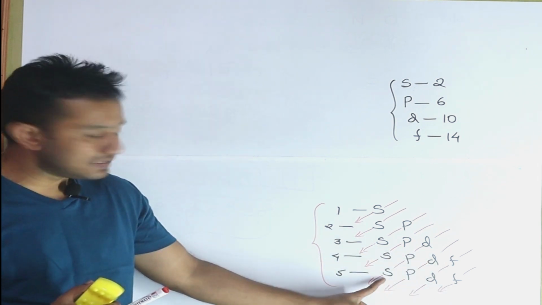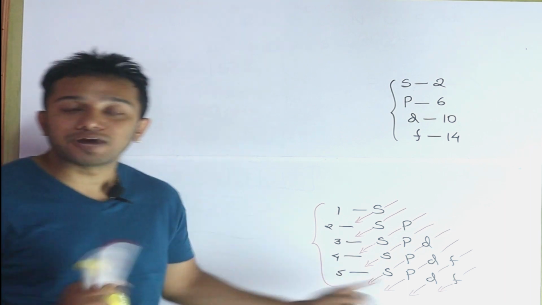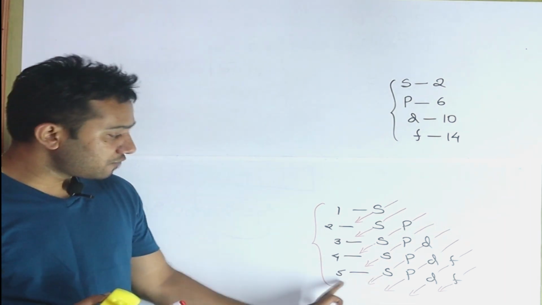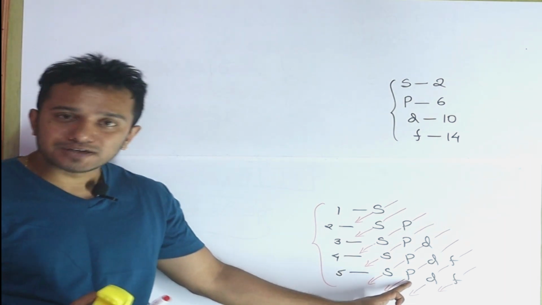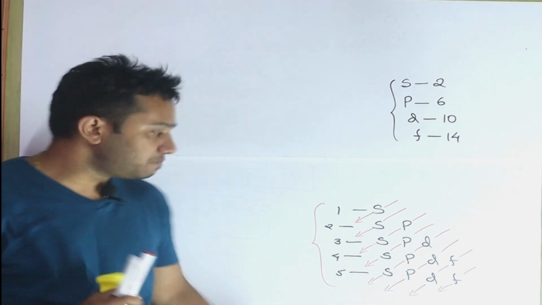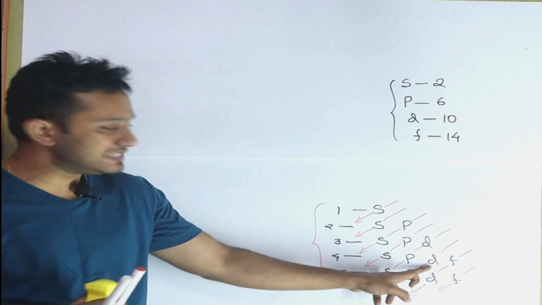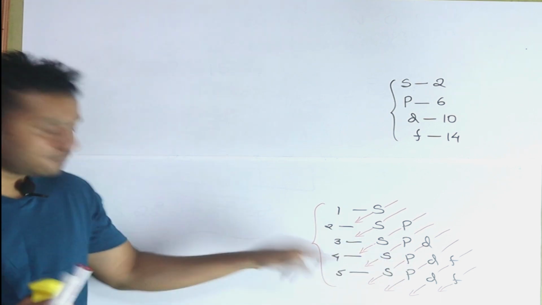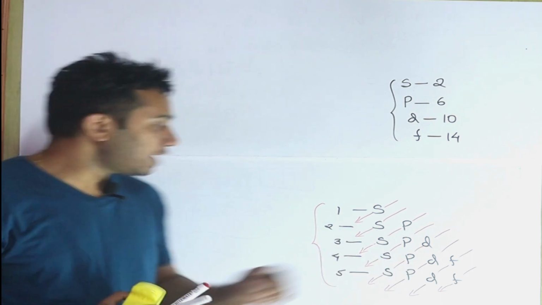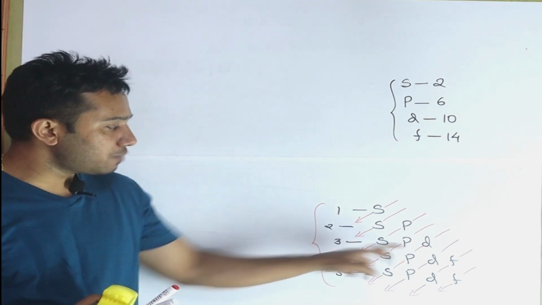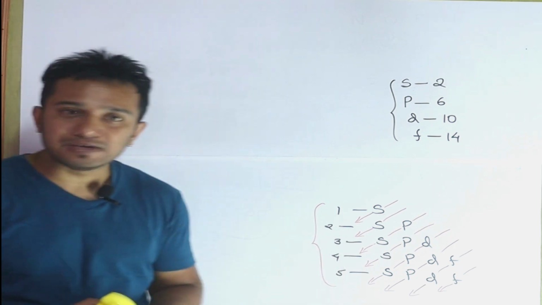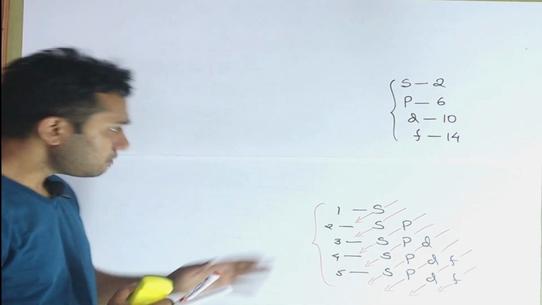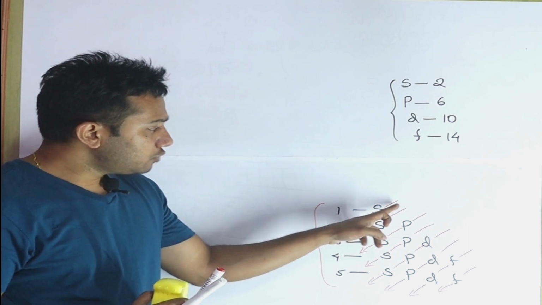If you're filling electrons in these s orbitals, you write 5s. In these p orbitals, you write 5p. In these d orbitals, since this is in 4, you write 4d. In these p orbitals, you write 3p.